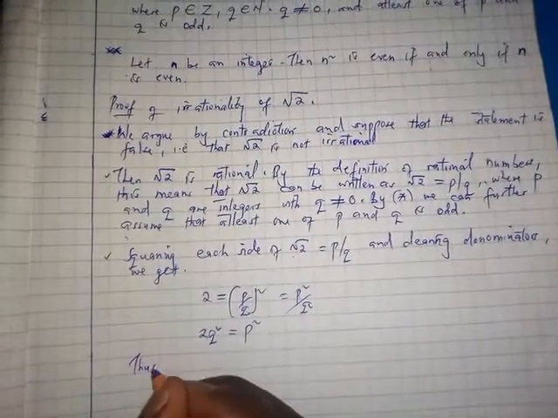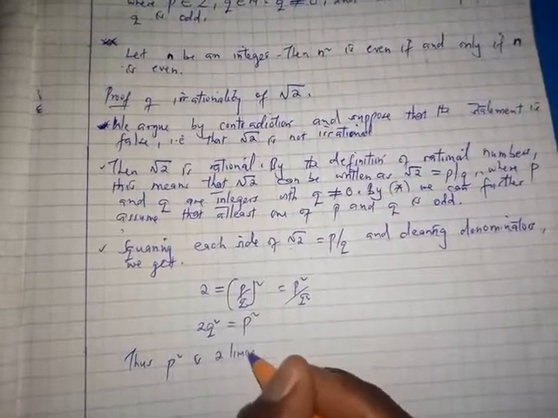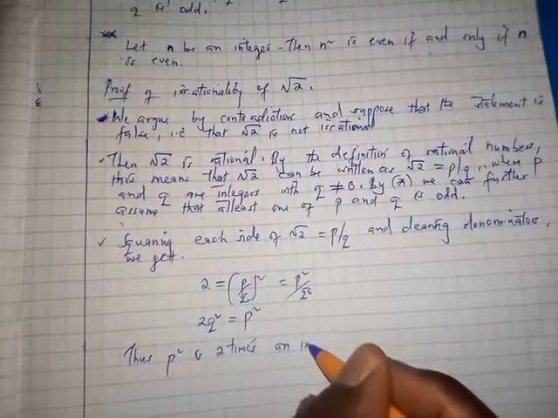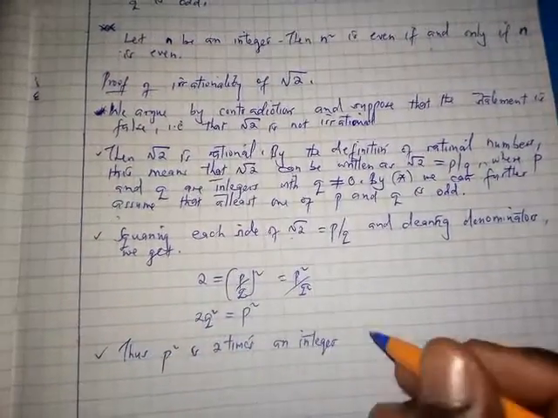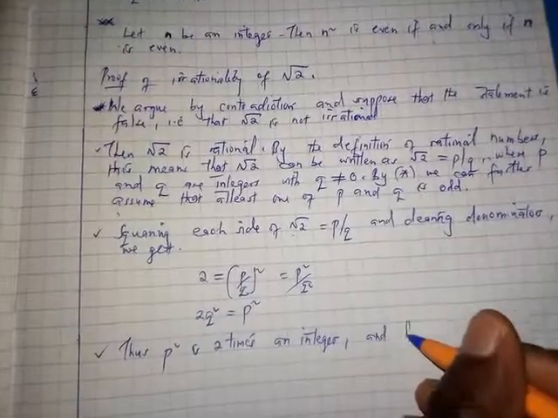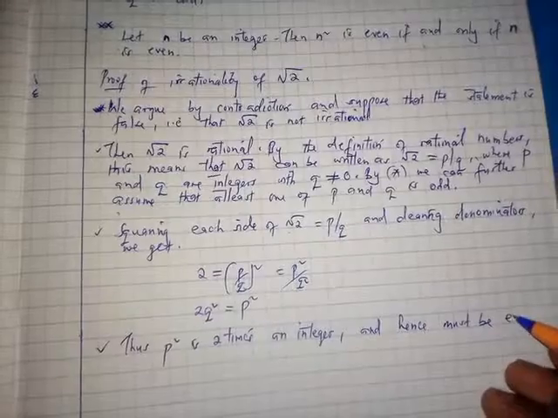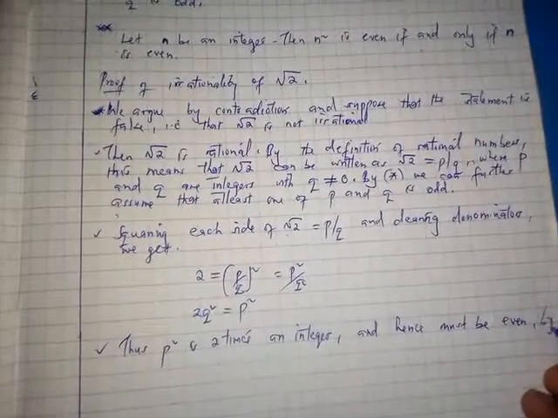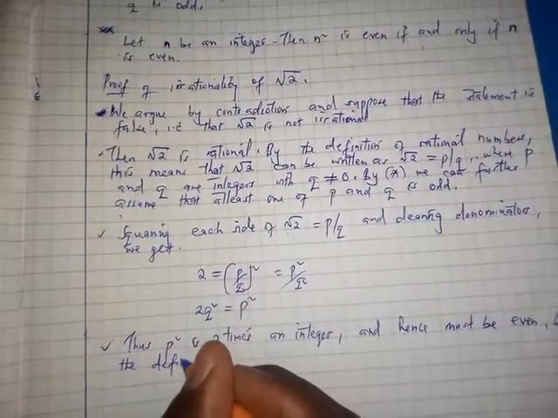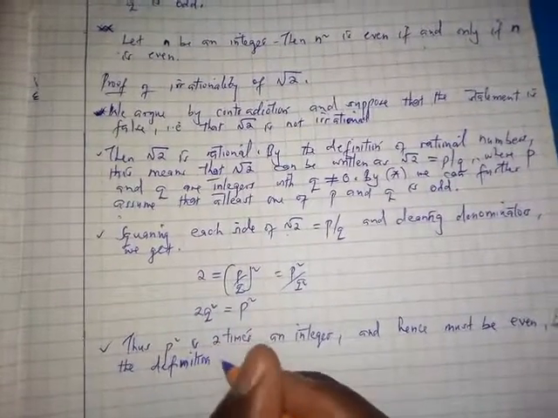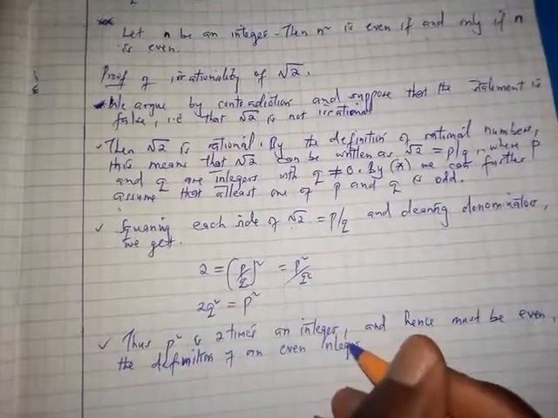Thus p squared is 2 times an integer and hence must be even by the definition of an even integer.